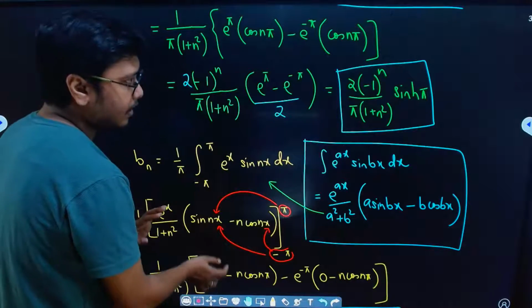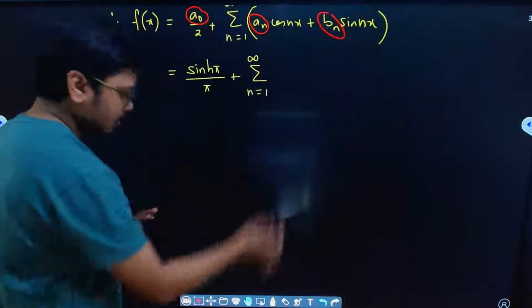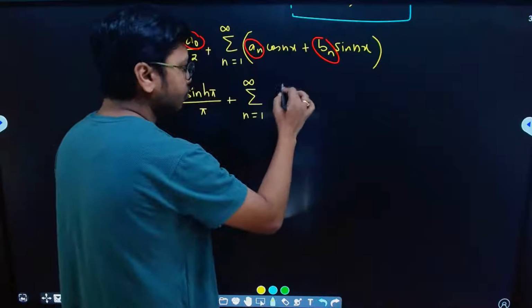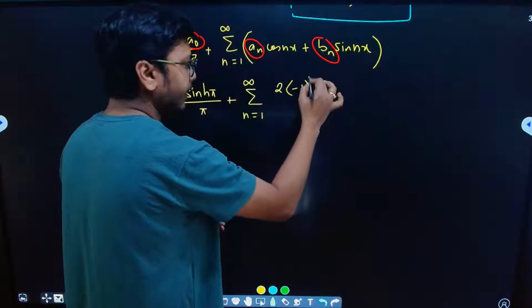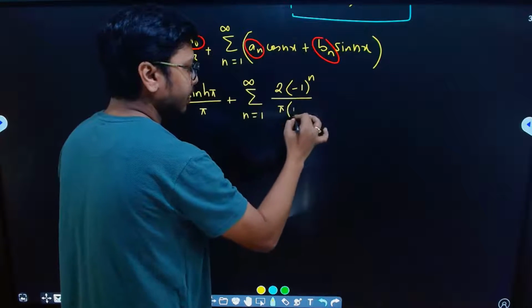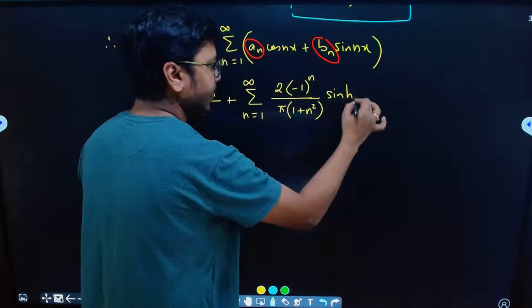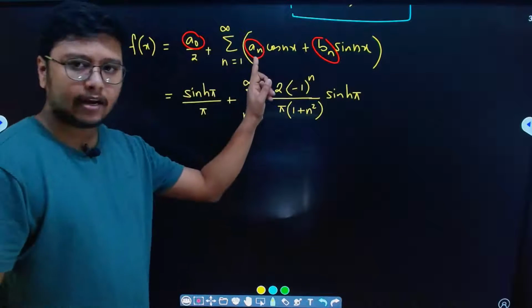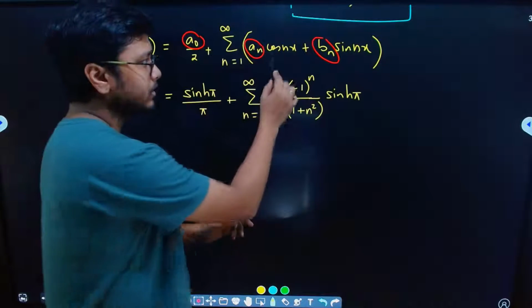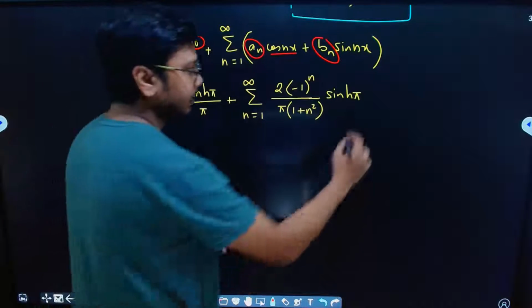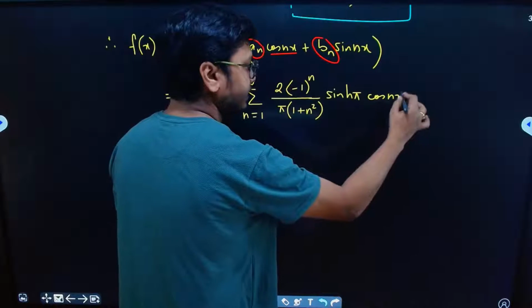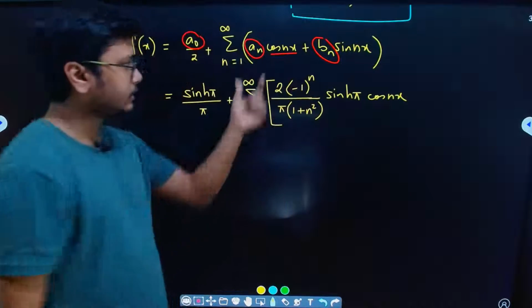So I'll put this value: 2(-1)^n pi over (1 plus n squared) sinh(pi), multiplied with cos nx. This is just the first term.